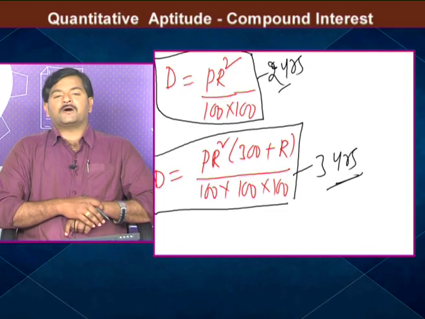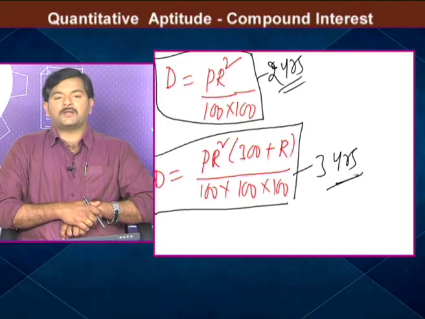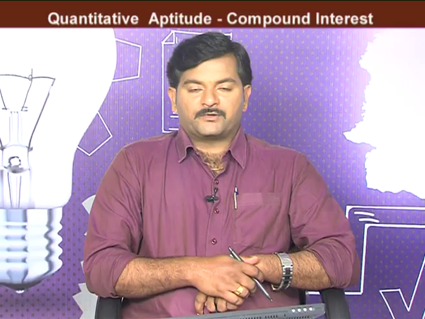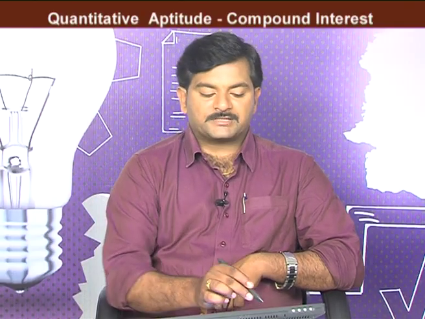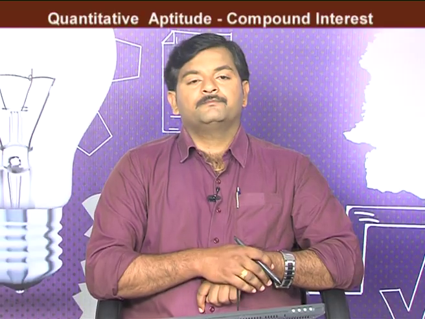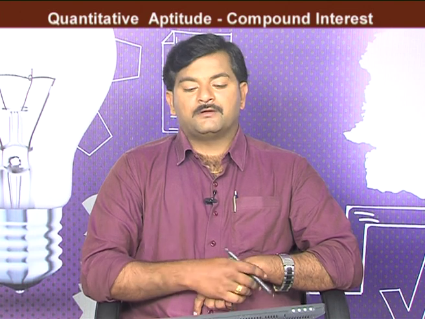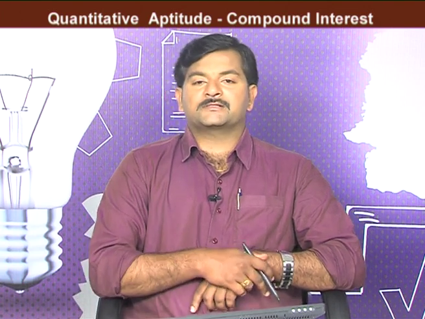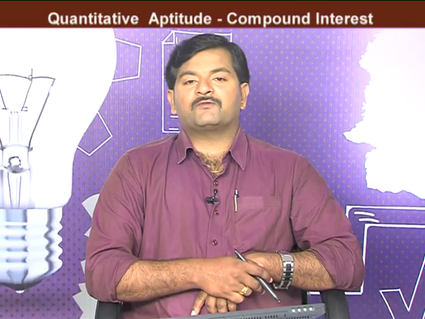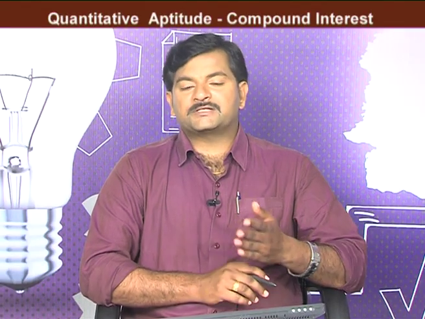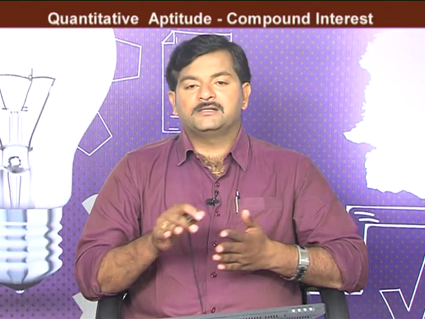By using this formula, we can find the difference between the simple interest and compound interest for 2 years as well as for 3 years. If you don't know this formula, you have to find the simple interest for 2 years separately, compound interest for 2 years separately, then the difference. For 3 years, SI separately, CI separately, again the difference. That is a lengthy procedure.